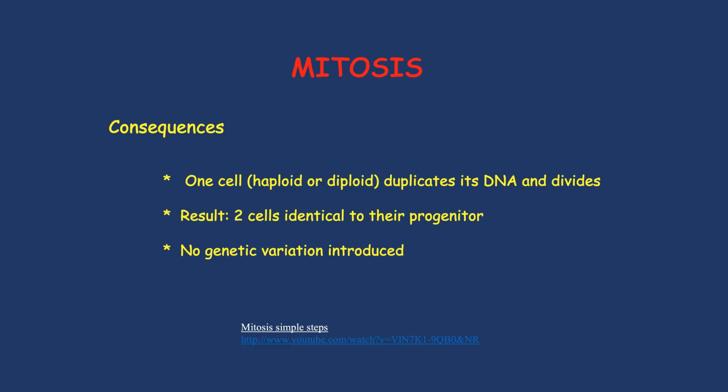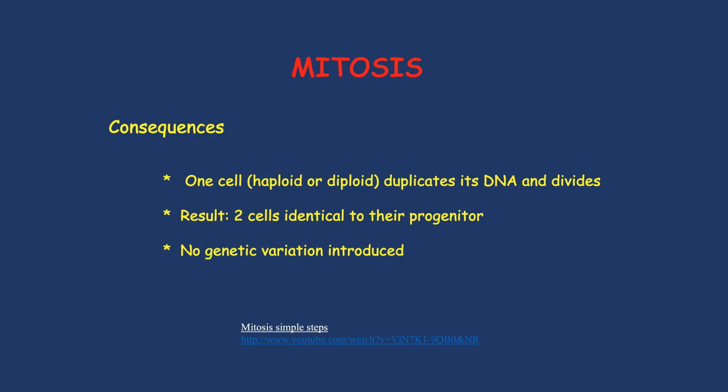As mitosis occurs and you keep getting more and more cells, these cells can respond to stimuli and differentiate. So they can differentiate into skin cells, foot cells, fingernail cells, and so on. So mitosis allows for that.